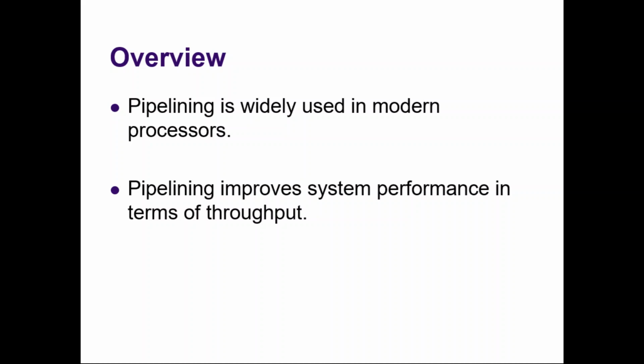The time can be anything: per second, per millisecond, or per nanosecond. How many instructions we are executing in a given duration of time is what is called throughput. Throughput can be improved through pipelining.